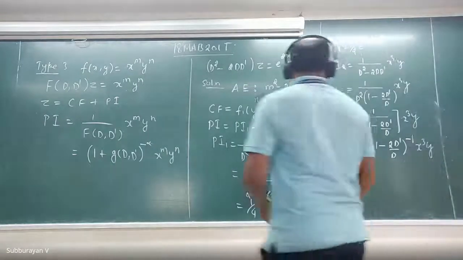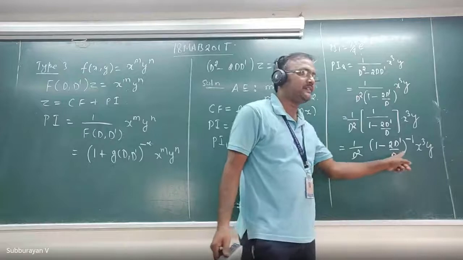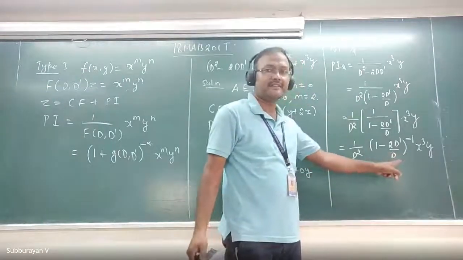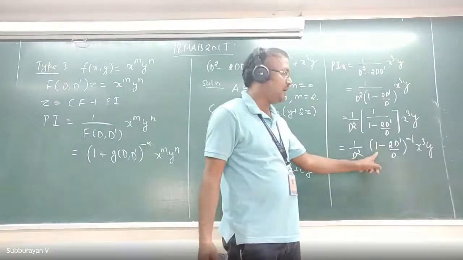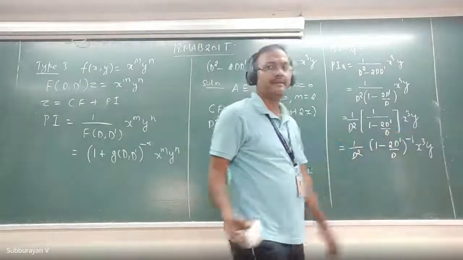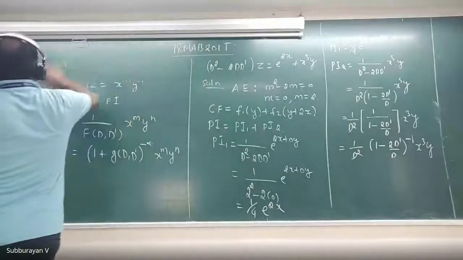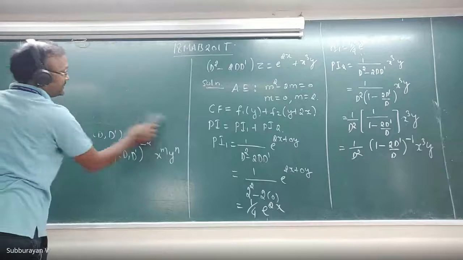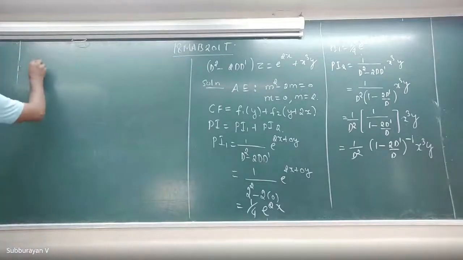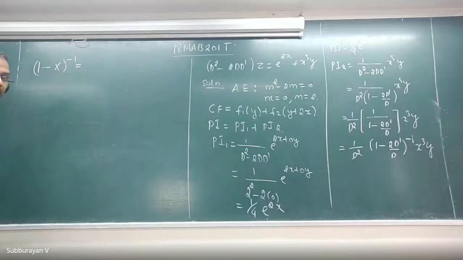Now it looks like a binomial series expansion, that is 1 minus x whole power minus 1. What is the binomial series expansion of 1 minus x whole power minus 1?